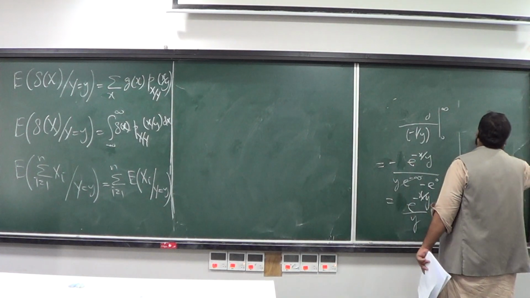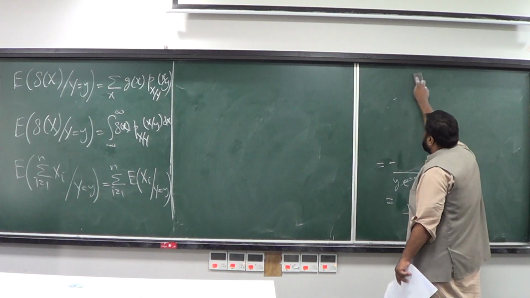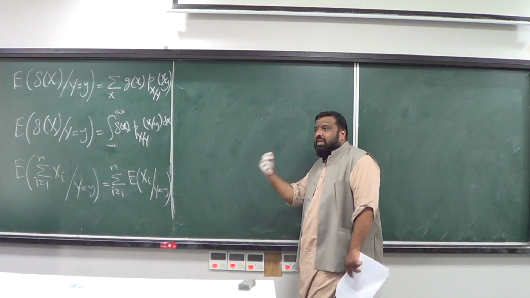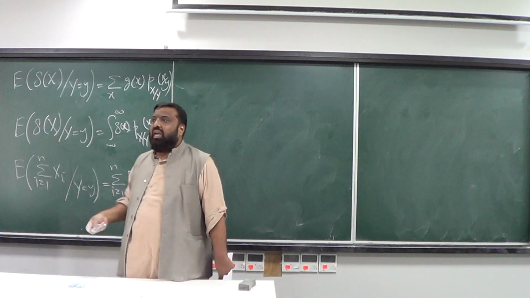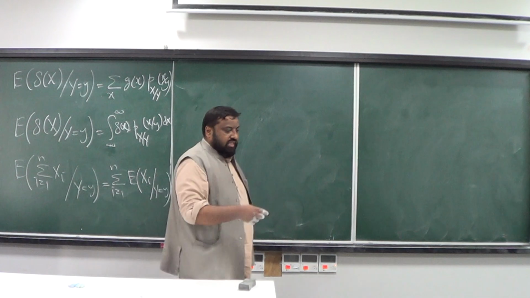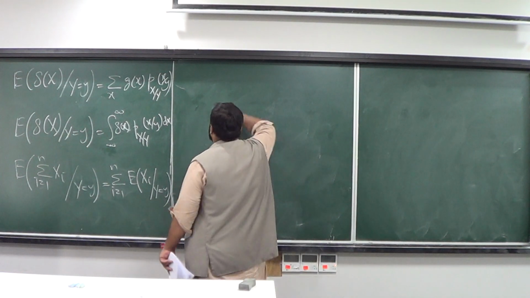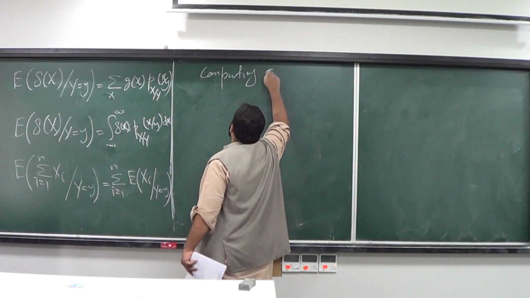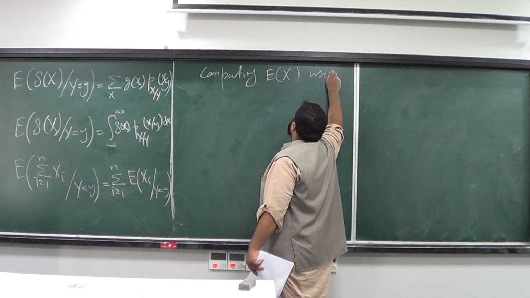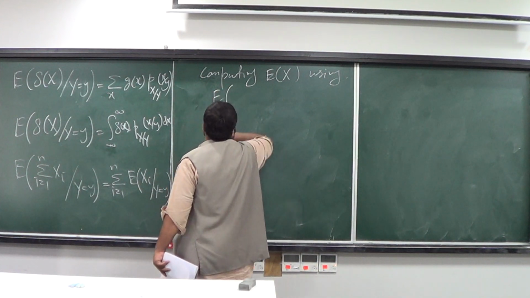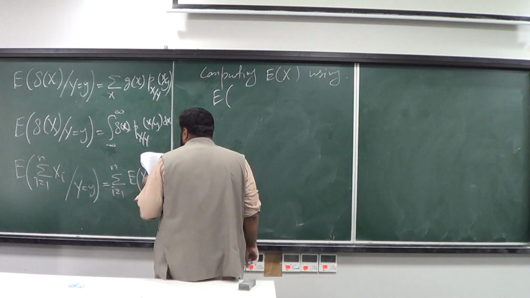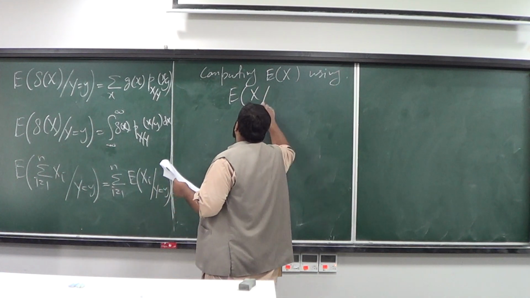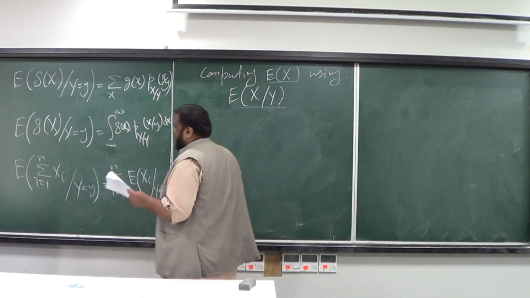Another way to compute the expectation of a random variable X is by using the conditional expectation of X. So the next formula is about computing the expectation of X using the expectation of the conditional expectation of X given Y. I want to compute this using this.